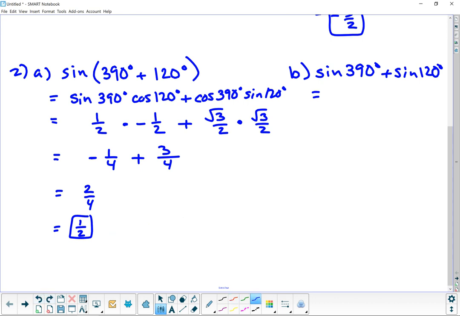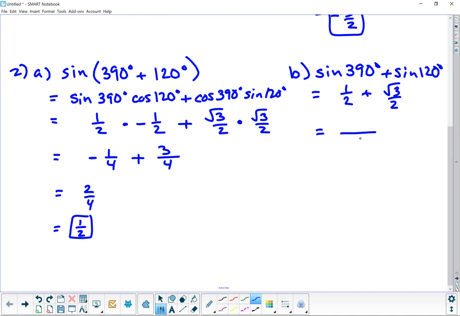Sine of 390 is going to be 1/2. Sine of 120 is radical 3 over 2. And to add that, well, you can't really add that. I mean, you could force it.